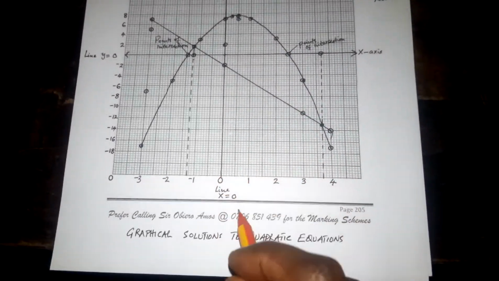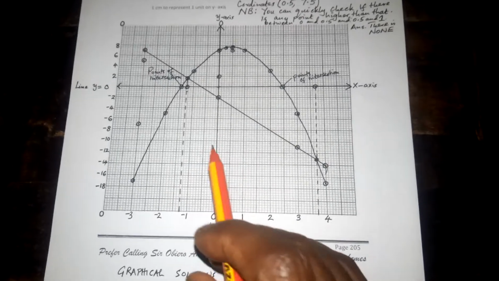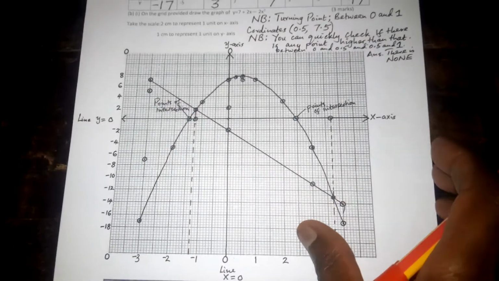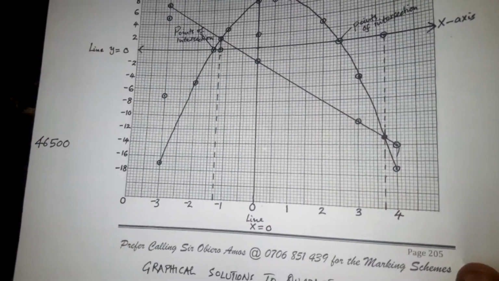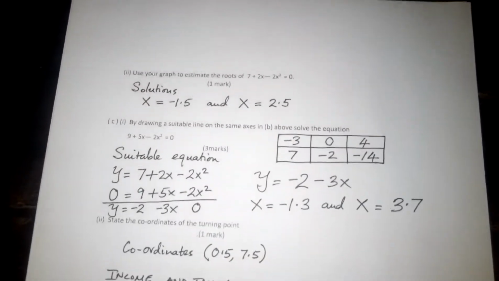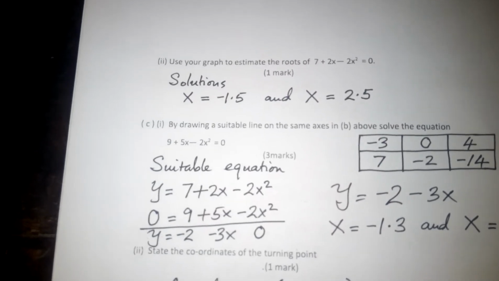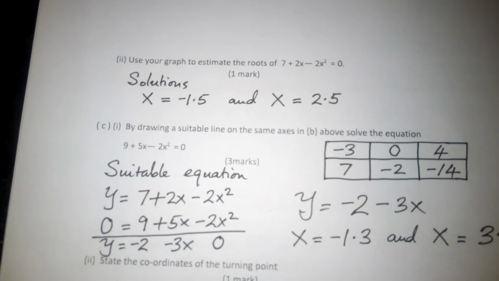So that is the graph, the graphical representation. You can see we also have a line here, but this is meant for the next part of this question. As we have seen, we have used our graph to estimate the roots.